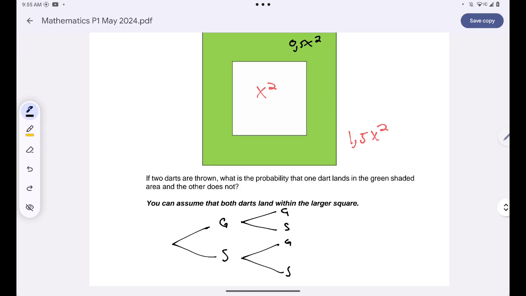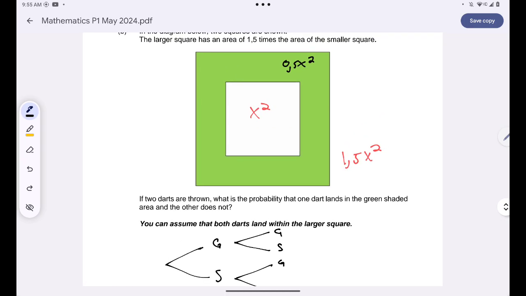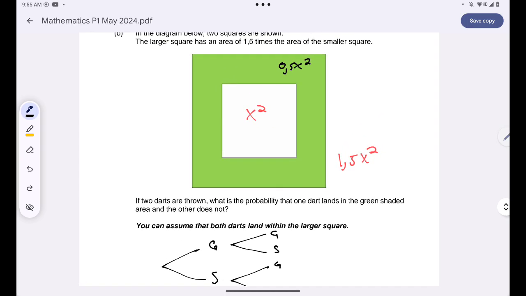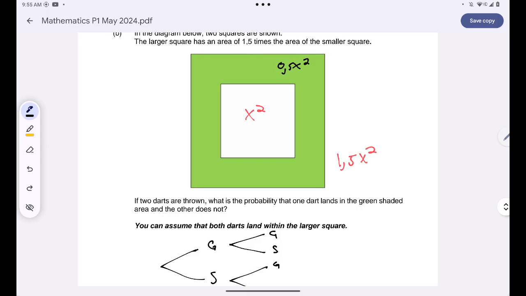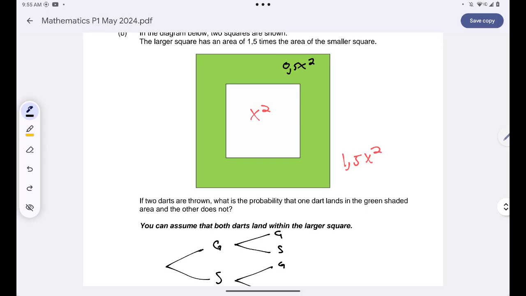What is the probability that a dart will land in the green shaded area? It's simply 0.5 divided by 1.5, right?